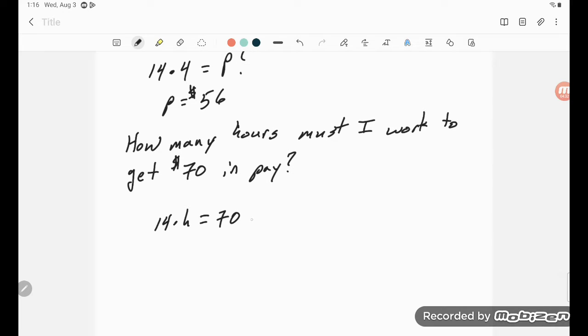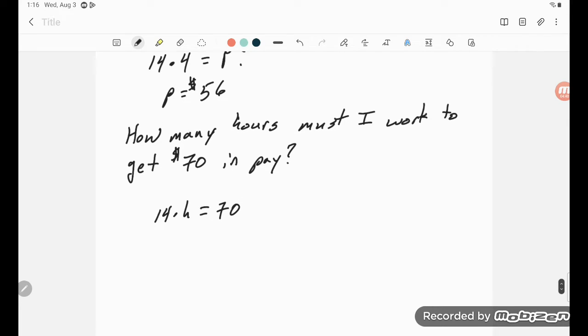Now this equation is a little harder to solve in that I don't have H all by itself. It doesn't just tell me the answer. And so, I'd have to use a solution technique, and we're going to look at those as well.